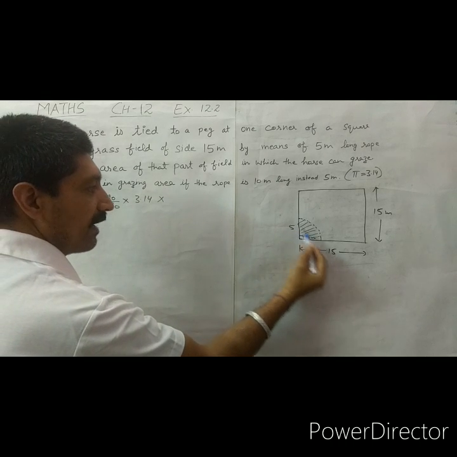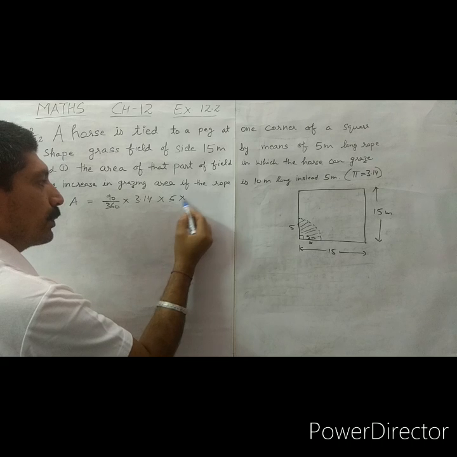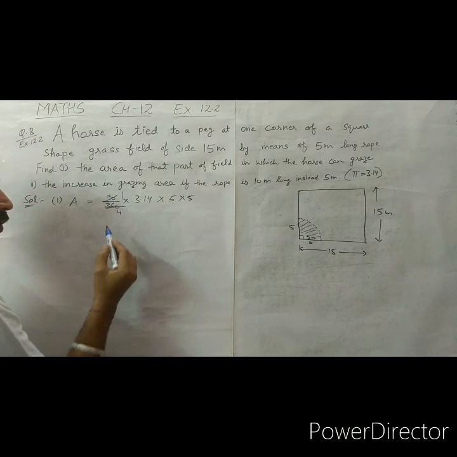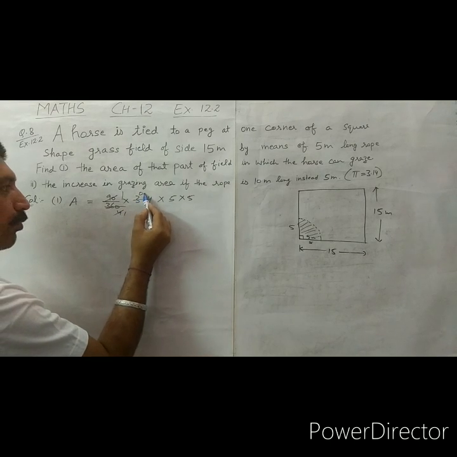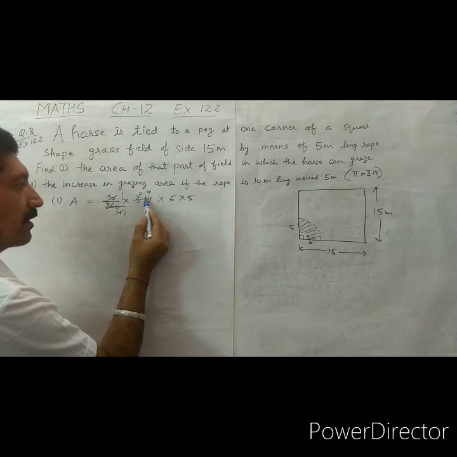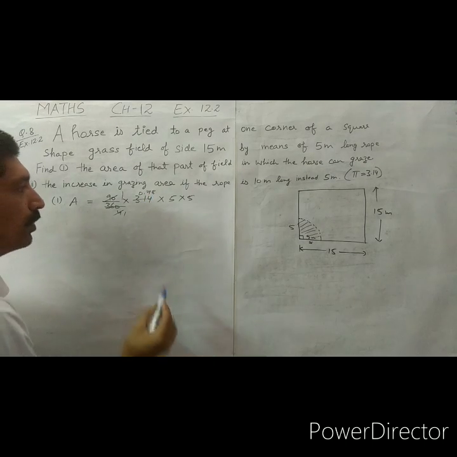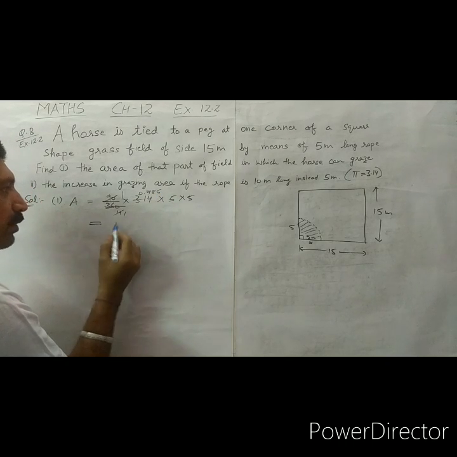So 5 into 5, 25. 3.14 divided by 4 gives 0.785.